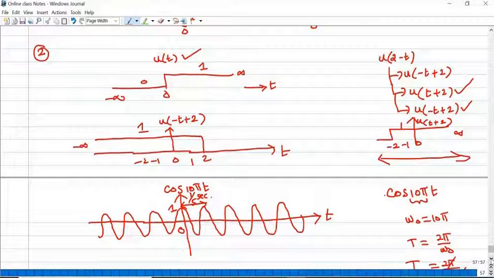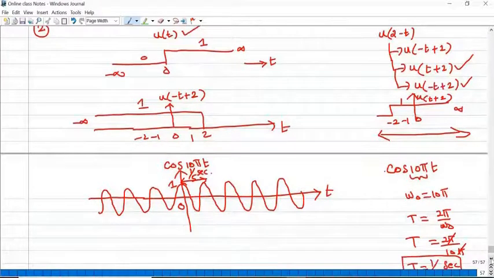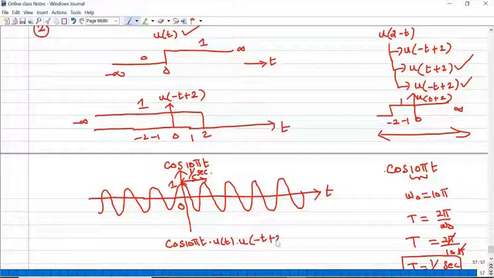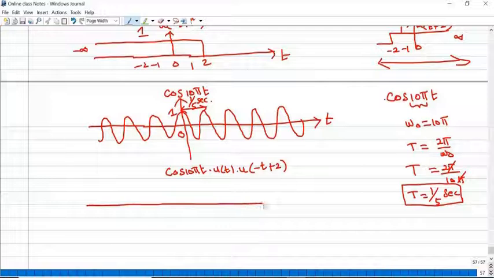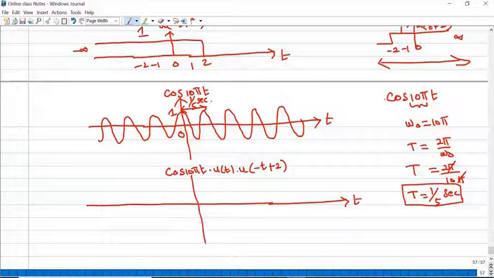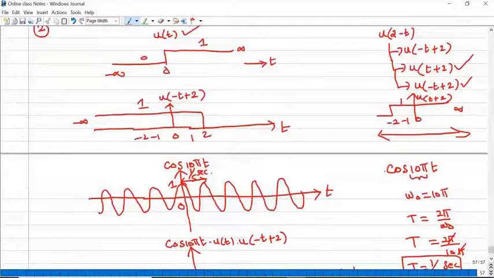Okay. So what is the resultant signal? I multiply these three signals: cos 10 pi t, u of t, and u of minus t plus 2. Check this signal.